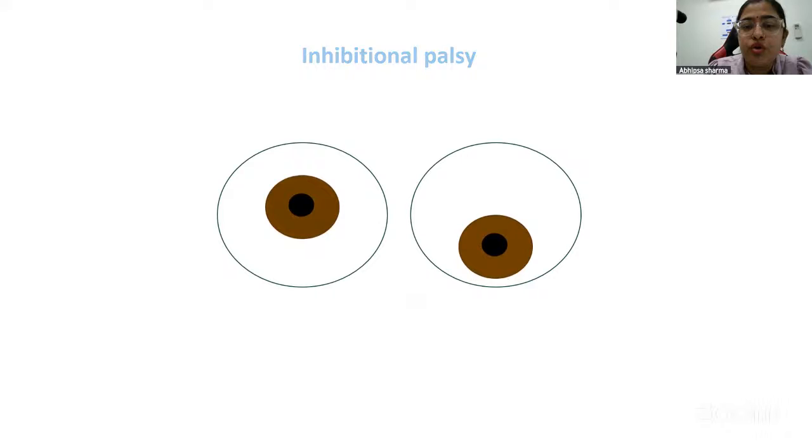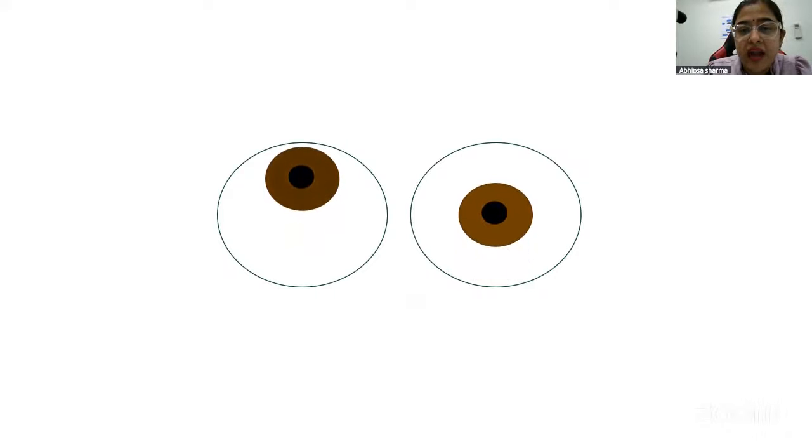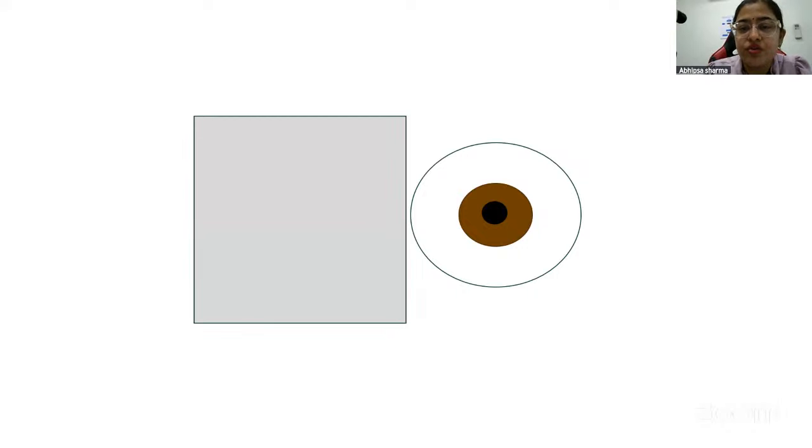How do we check that this is an inhibitional palsy? We cover the right eye so that the left eye comes into the primary position, and then we can see in the ductions that the left eye will elevate properly.